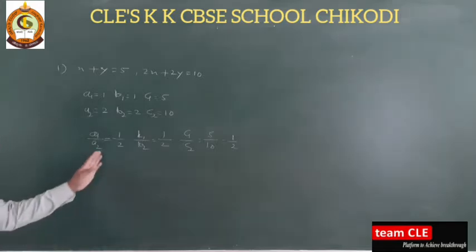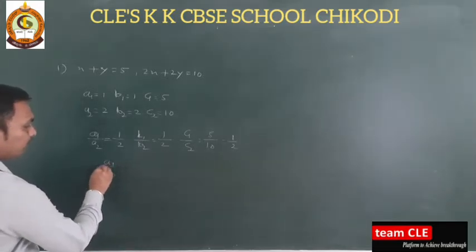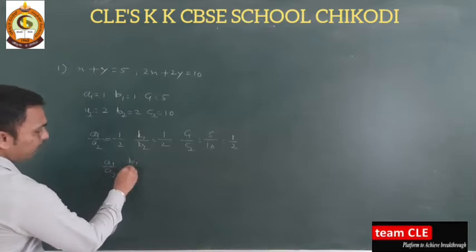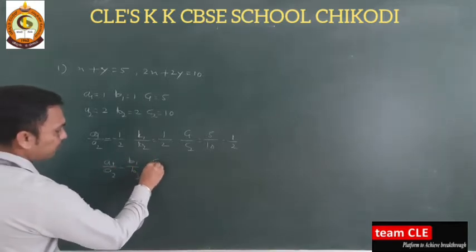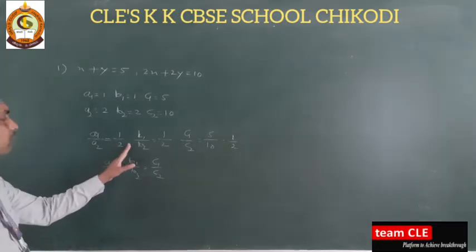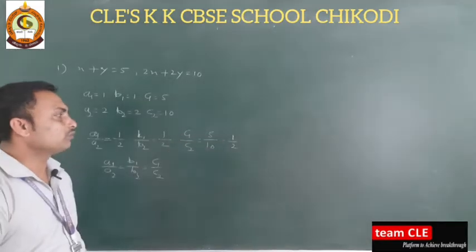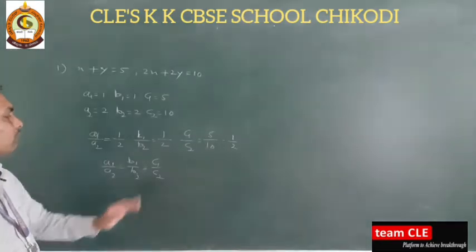Now see here, all the values: A1 by A2 is equal to B1 by B2 is equal to C1 by C2. So A1 by A2 we have 1 by 2, B1 by B2 is 1 by 2, C1 by C2 is also 1 by 2. So all the values are equal.